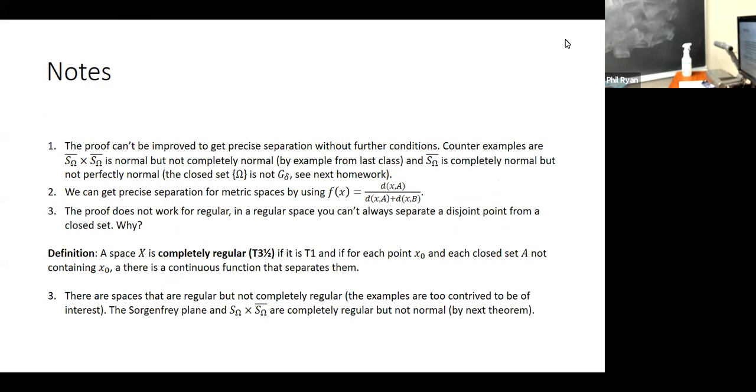So a space is completely regular, called T3.5 because that's between regular and normal, if it's T1 and you can get a continuous function to separate a point from a closed set that doesn't contain that point.